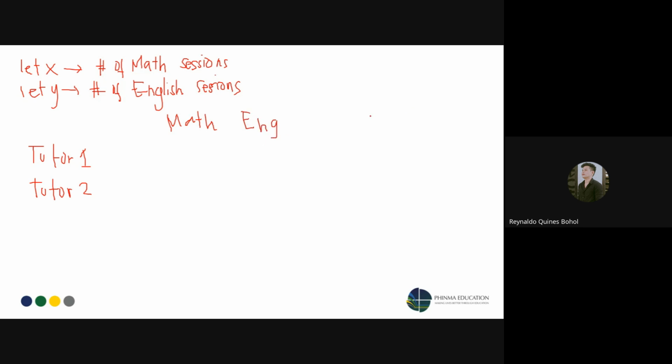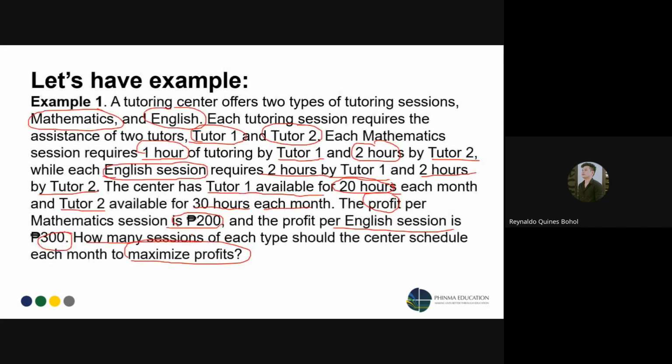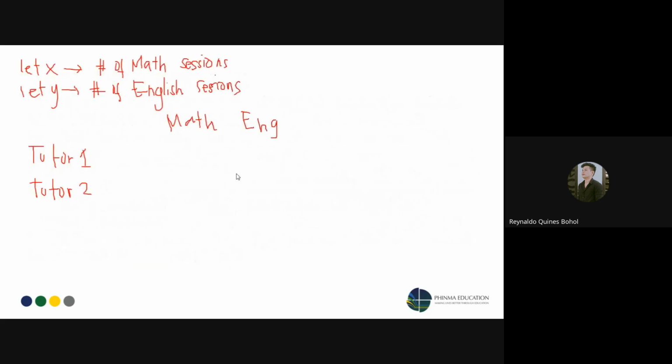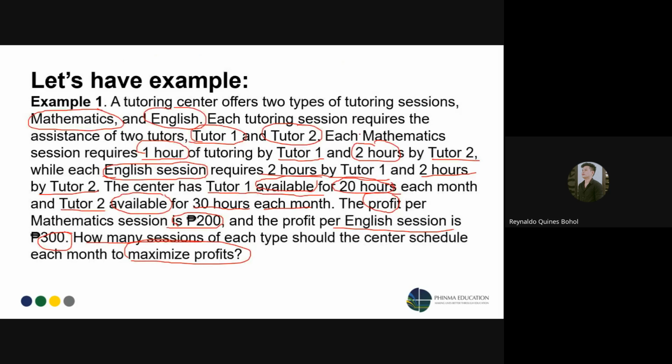Okay? And the availability was also mentioned there. The center has tutor 1 available for 20 hours and tutor 2 available for 30 hours. I'll put availability here at the end. Regarding tutor 1, it was mentioned that each mathematics session requires 1 hour for tutoring by tutor 1 and 2 hours by tutor 2.